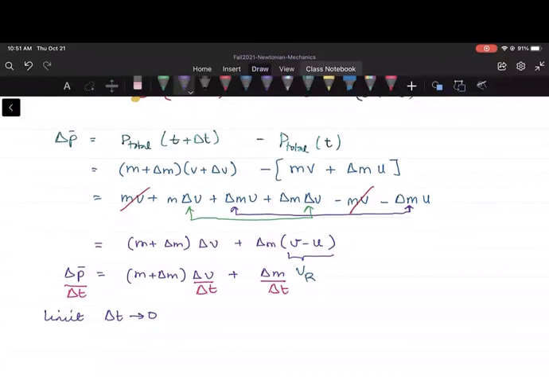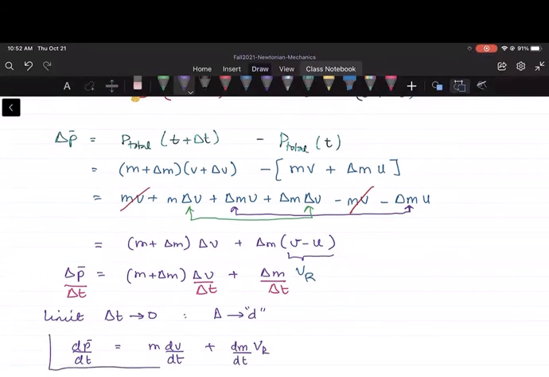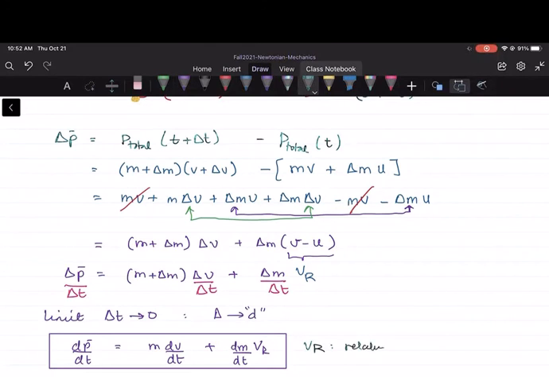So will I be able to write this as dp over dt? When t is very tiny, does the delta become d? So this means may I write this as m dv over dt plus dm over dt VR, where VR is the relative velocity of the two masses.